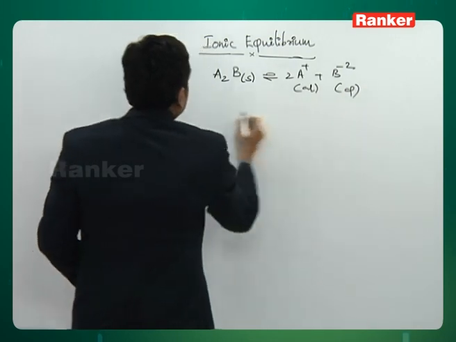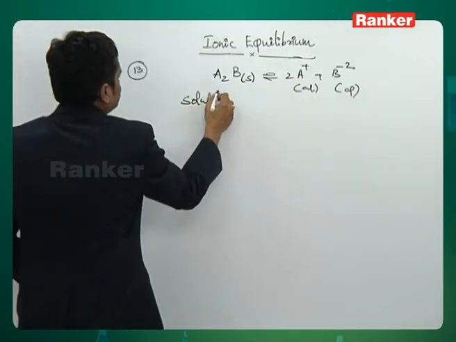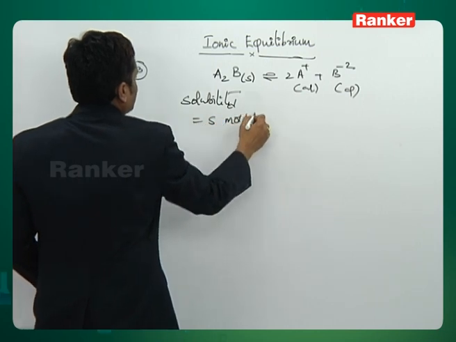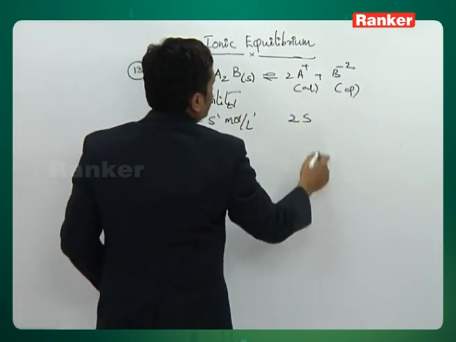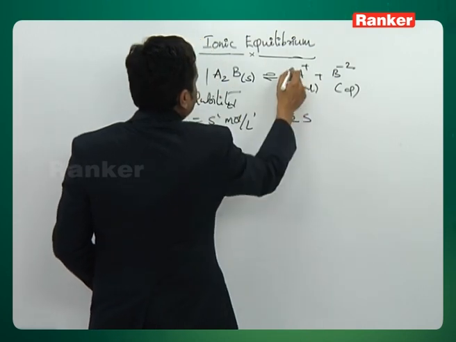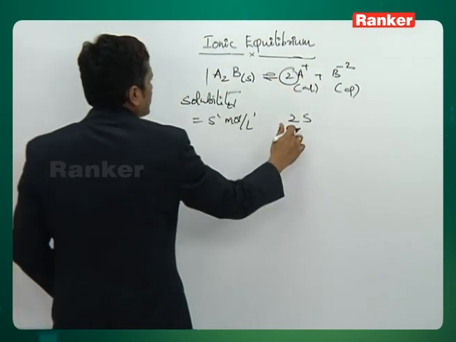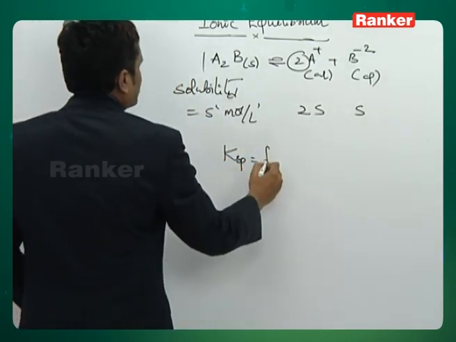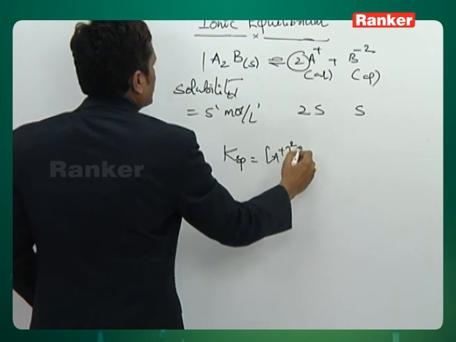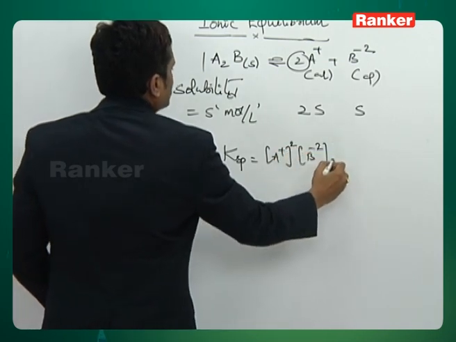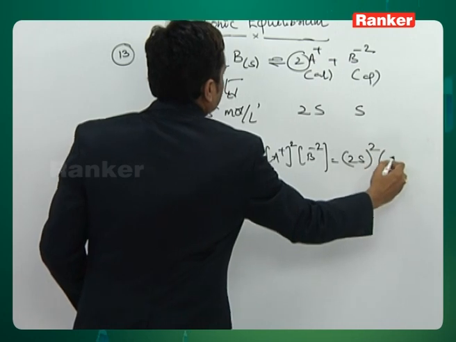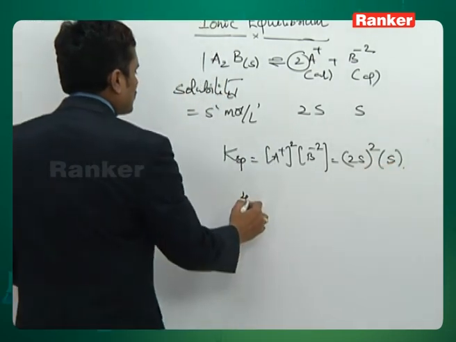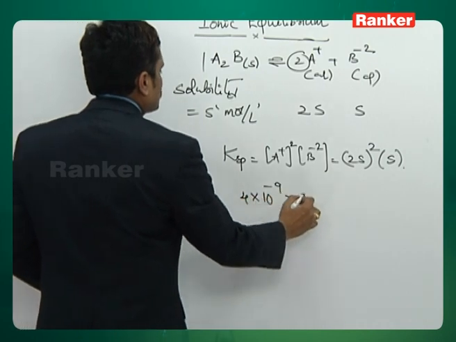So if I assume that the solubility of the salt is S mole per liter, you are going to get 2S mole of A+, because for every 1 mole you are getting 2 moles, and for every S mole dissolved you will be getting 2S and S mole of B^2-. So therefore Ksp of this equilibrium is [A+] square into [B^2-], that is (2S) whole square into S, taken as Ksp, that is 4 into 10 to the power minus 9 is equal to 4S cube.